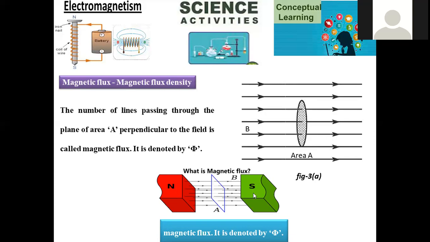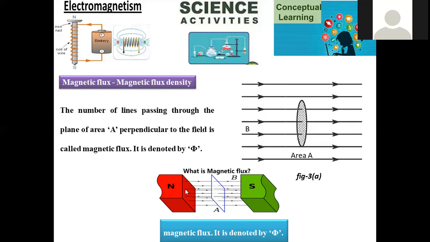Here the north pole and south pole are assigned for the given magnet, and an imaginary plane was kept in between, so that we can see how many lines are moving, because there is always a movement of field lines from the north to south. Earlier we assumed that all are moving in curvature. Now we are converting those curved lines into parallel lines.